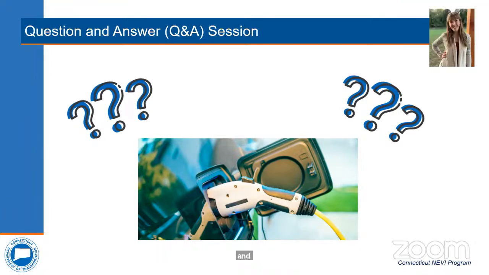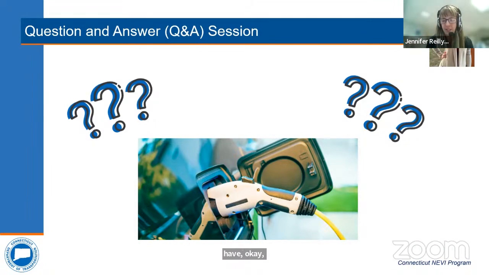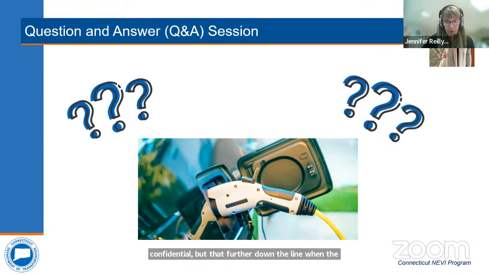On one of the questions, I think the question was, will the LOI submission be treated as confidential given the requirements for estimates? I was kind of wavering on that. But I've heard that the information that's submitted during the LOI and the RFP process is considered commercially confidential, but that further down the line, when the RFP is issued and if an award is given, then all information must be made public at that time.